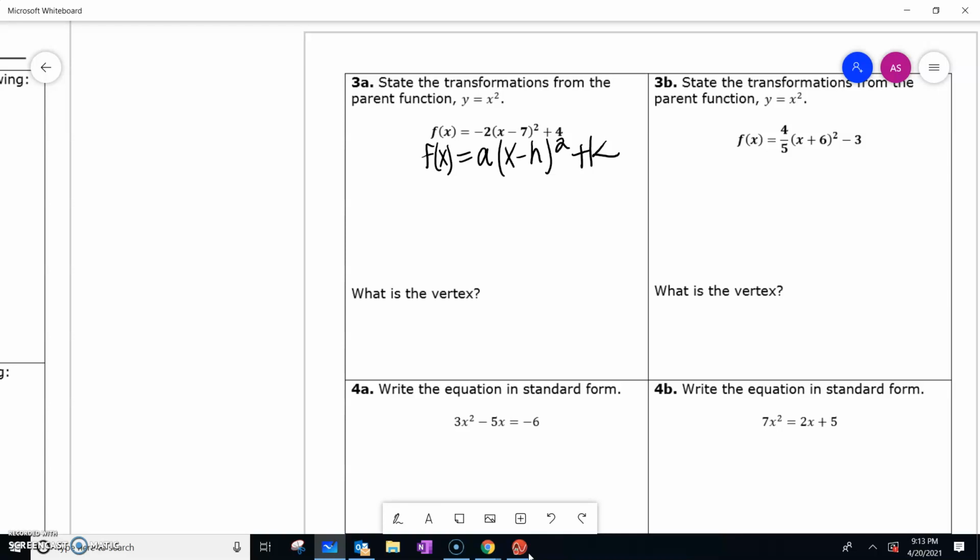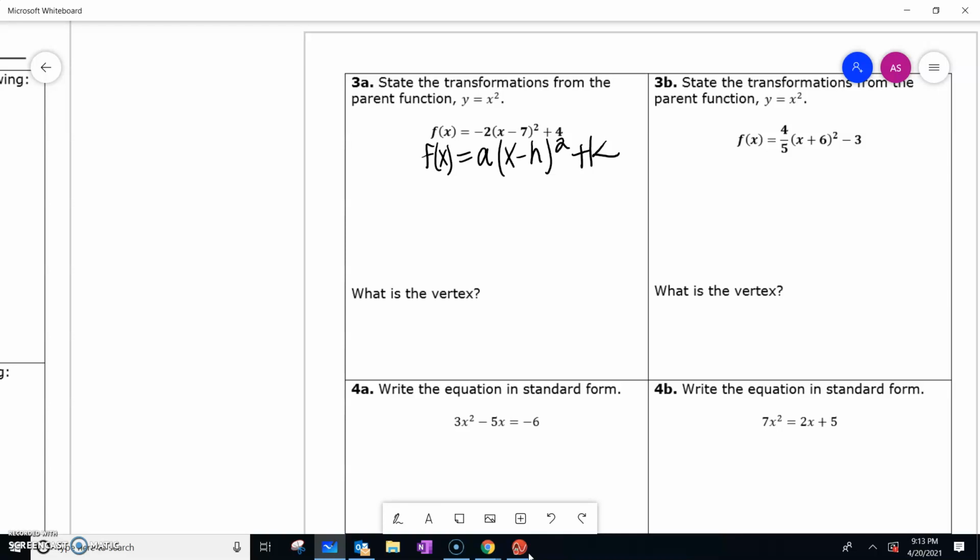So we know that each letter does something. We know that our A is our vertical stretch, compression, or reflection. We know that our H is our horizontal shift. And we know that our K is our vertical shift up and down. Okay, so I can look at each number and identify what's happening.